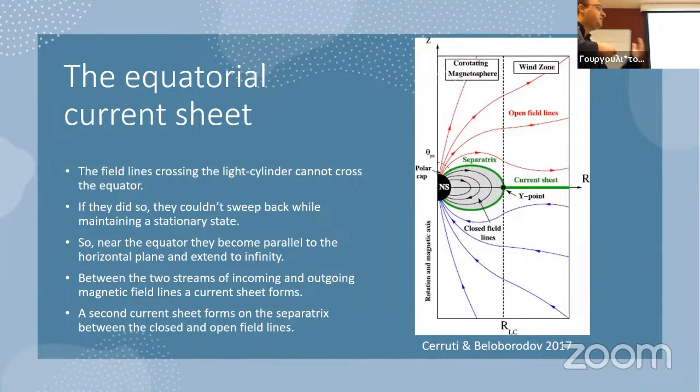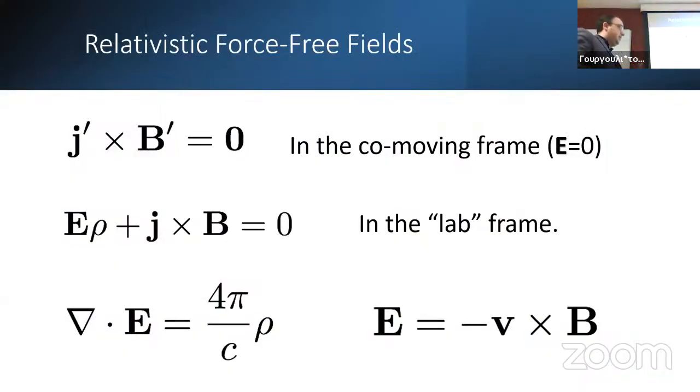So there will be a discontinuity in the B phi component. Because of this discontinuity, there will be another current flowing on this green region, we call it the separatrix, which is essentially poloidal. So essentially, we have the equatorial current sheet, and then we have also the separatrix current sheet.